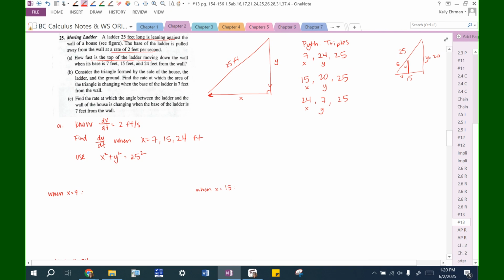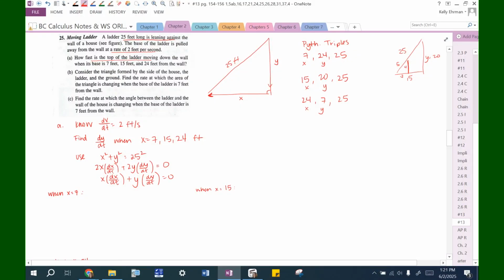All right, so I'm going to use that. So when x is 7, I'm going to take the derivative with respect to t of both sides. So I get 2x dx/dt plus 2y dy/dt. The derivative with respect to t of a constant is 0. We can divide by 2. Okay, and then plug in what we need.